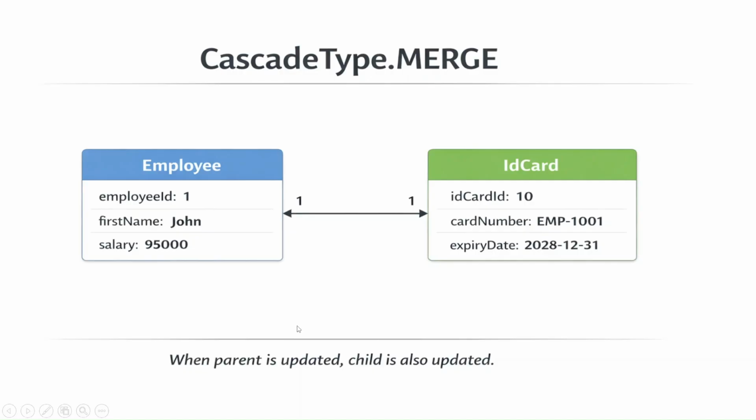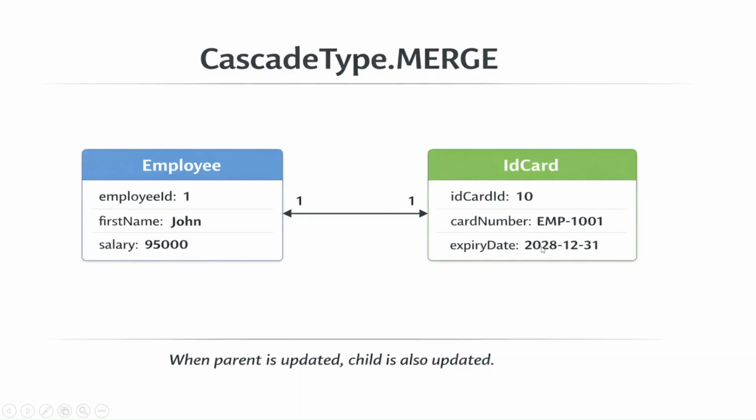So it says when parent is updated, child also updated. Meaning, let's say I have employee and ID card in our case, and I have updated employee salary 90 to 95,000, and I have updated the expiry date for the ID card.